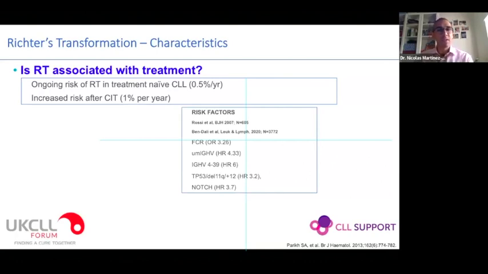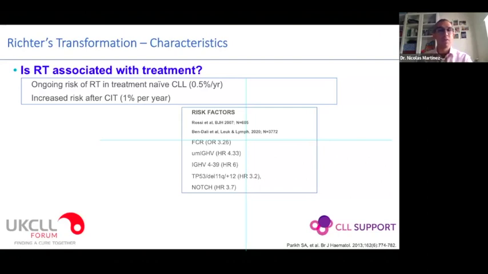They've established several risk factors for Richter's apart from the previous treatment, and there are several studies. The first one is from Davide Rossi from Switzerland, and the other one is another multinational retrospective study of nearly 4,000 patients, and they've established all these associations and risk factors for Richter's transformation.